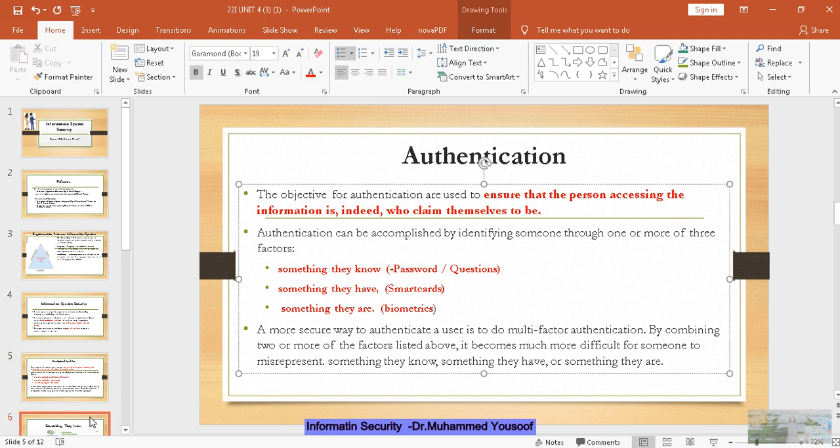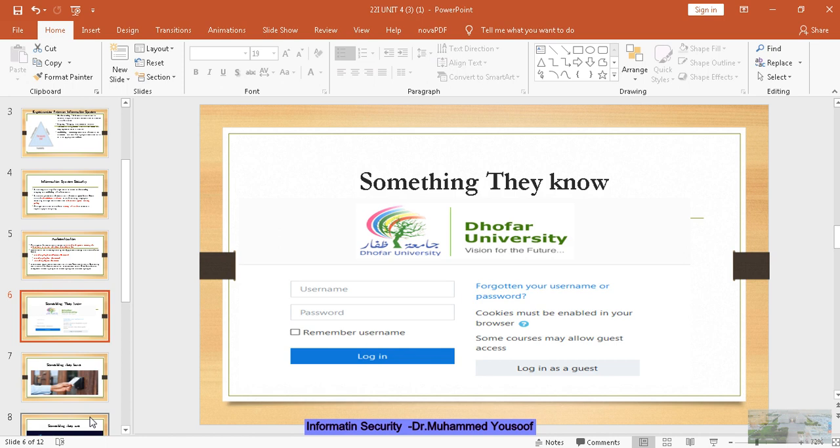Now let us see this one. Now look at this one. This is a good example of the first category, username and password, something that they know. Authentication done by something they know, like the username and password.